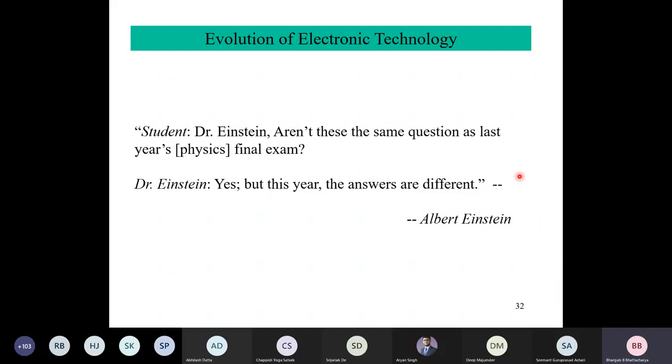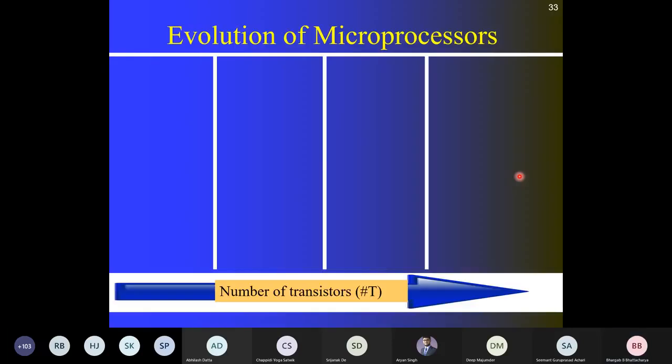If you look into the IC technology in computer development, you will see this evolution in a very significant way. So in this slide, I'll just summarize the evolution of microprocessors, the evolution of CPUs, and you will see this.